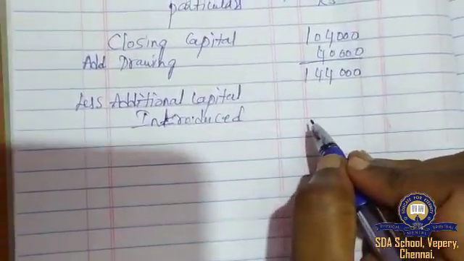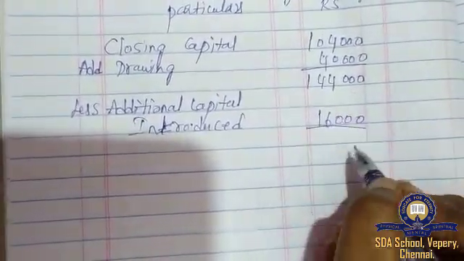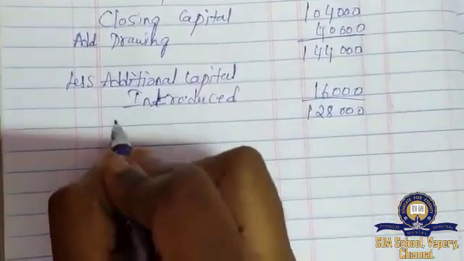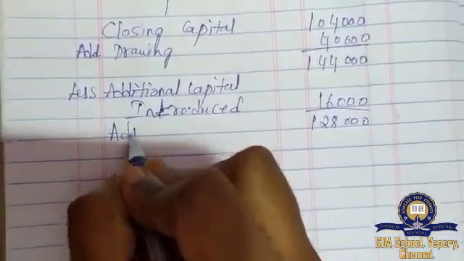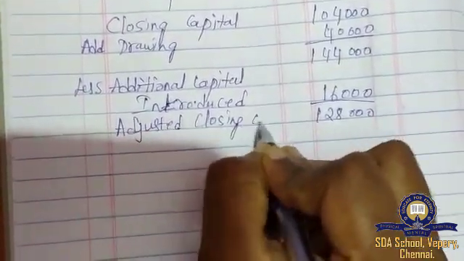So additional capital introduced is 16,000. So if you minus it you will be getting 1,28,000, adjusted closing capital.